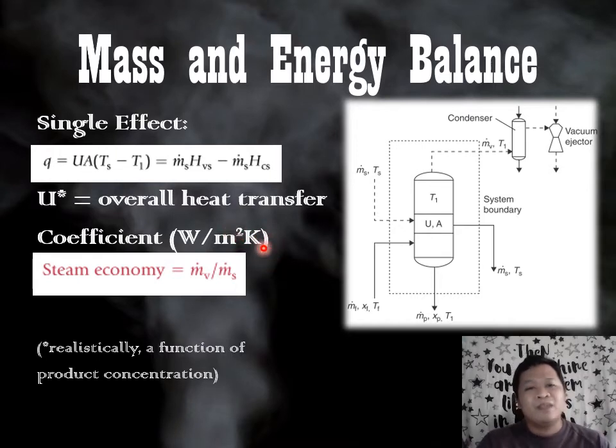Okay? So anyway, so the heat transfer then is given by U multiplied by the area and the delta T to get a value in watts. And this is equated to the mass flow rate of steam multiplied by the difference in the enthalpies of the steam input and output pag nag-condense yung steam.